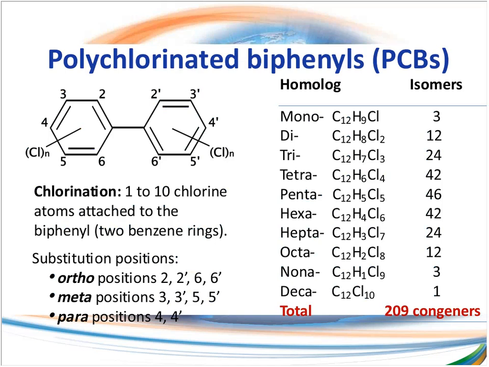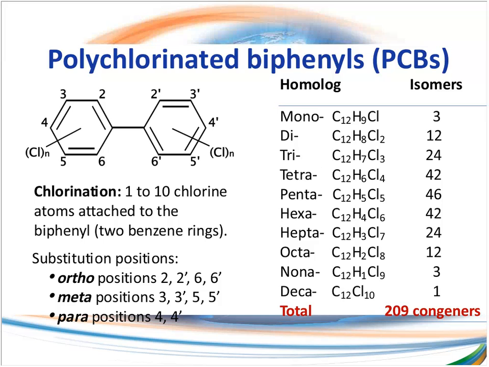You get, when there is one chlorine, which would be in one of the positions 2, 3, 4, 5, 6, and so on, or at the right benzene ring, 2', 3', and so on.